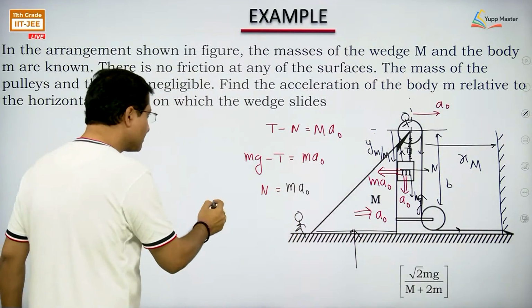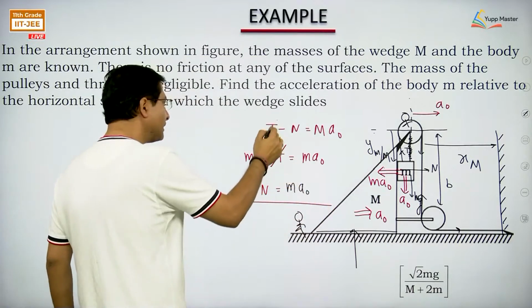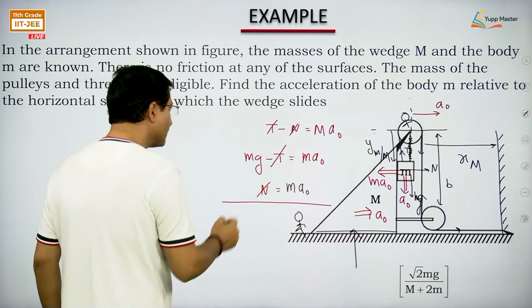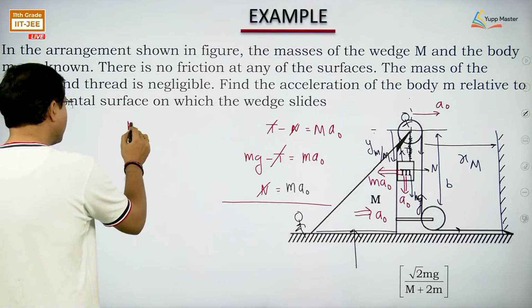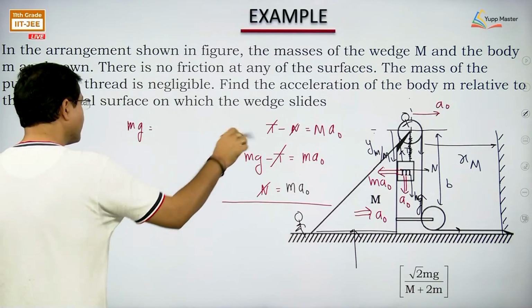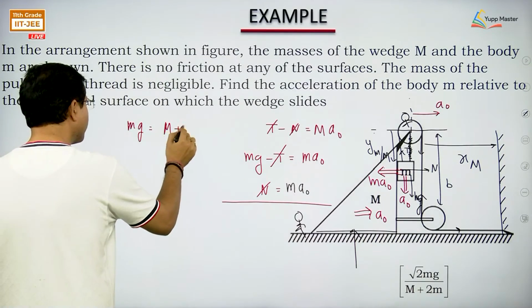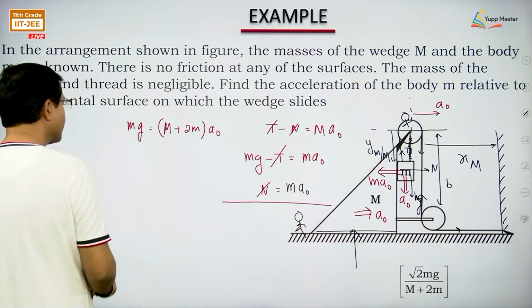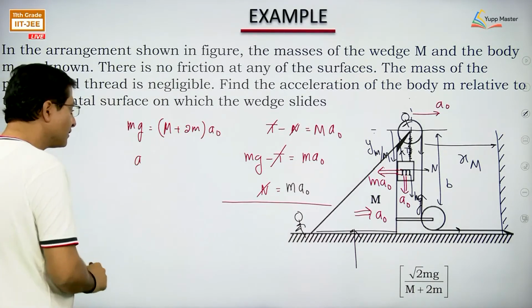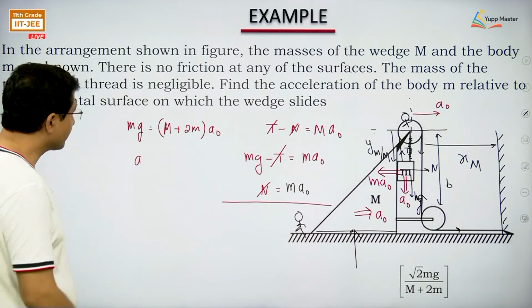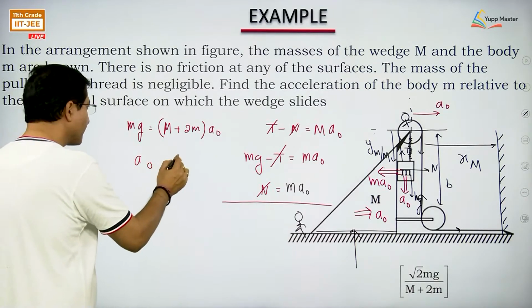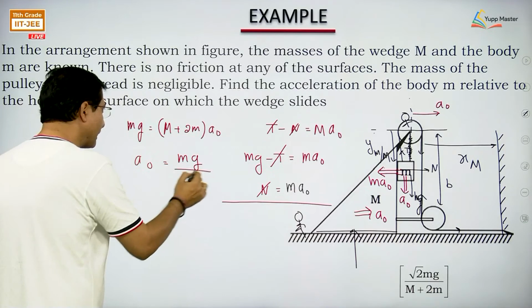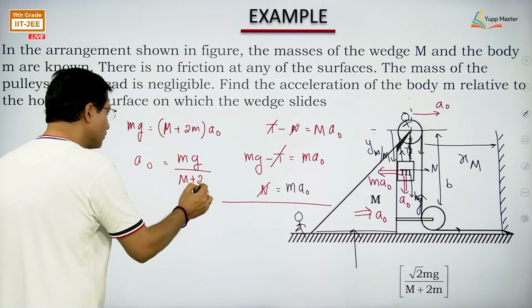If I add these three equations, T gets cancelled out and N gets cancelled out, and we get mg is equal to capital M plus 2 times small m, into a naught. That means a naught is small mg divided by capital M plus 2m.